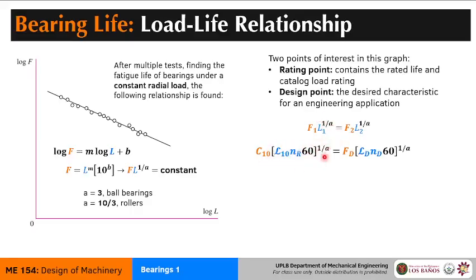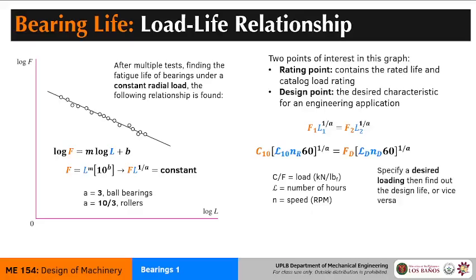Don't worry about it. And on the right hand side, you have your design parameters. You have your design load and you have your design operational time. Now, if you're solving for design properties, you have two routes.